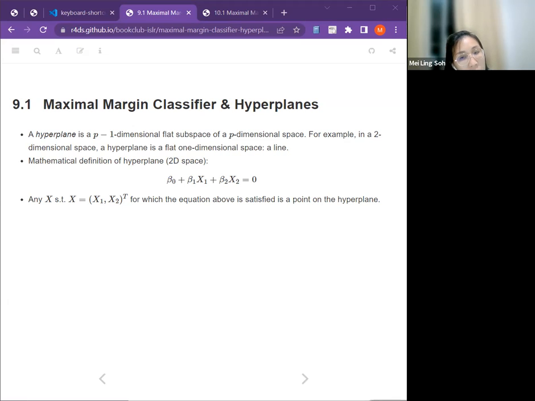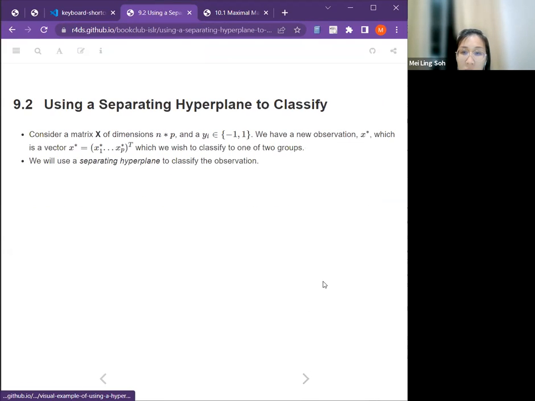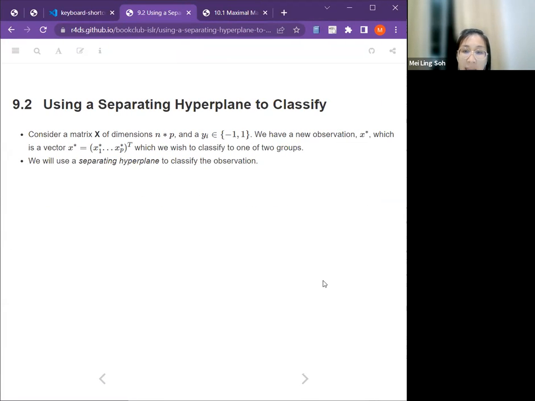So this is just how hyperplanes work. It's beta 0 plus beta 1 x1 plus beta 2 x2 equals 0.